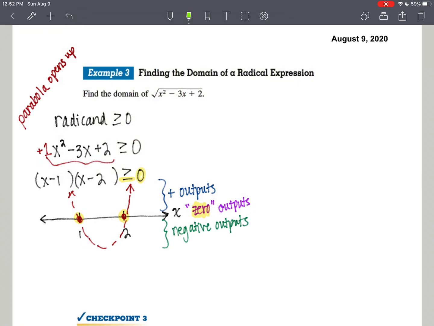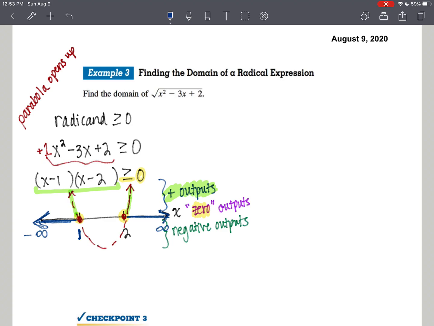But then I want greater than. So where will I have positive? I want positive outputs, because positive outputs will give me greater than 0. Well, that's going to happen here, correct? That's going to happen when I put in negative infinity to 1, and when I put in 2 to infinity.